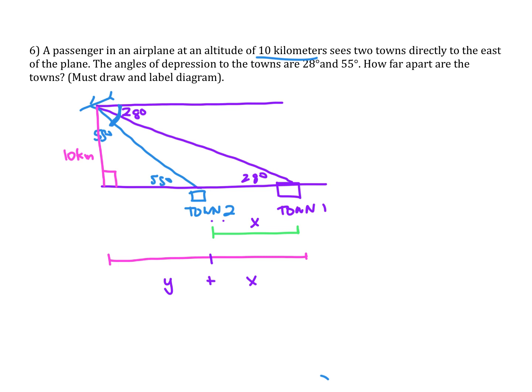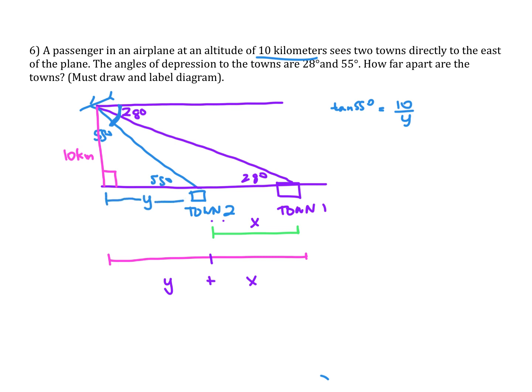So we're going to write two ratios. We have 28 degrees, we have 10 kilometers, and then we have this entire leg. And then we can write another trig function using the 55 degrees and 10, and then just our y. So I'm going to start with the smaller triangle. Tangent of 55 degrees equals 10 over that length here, which is y.